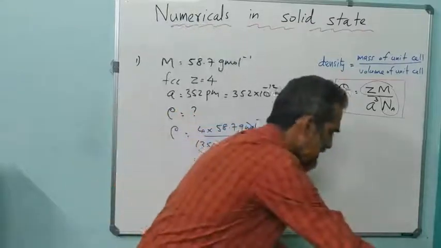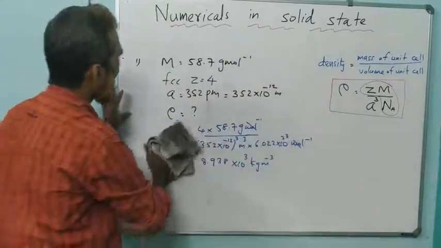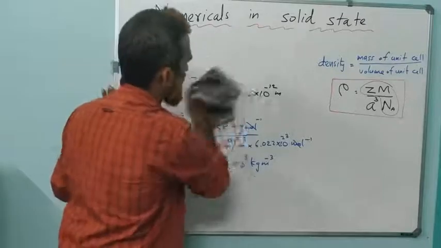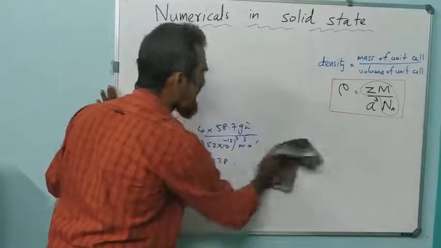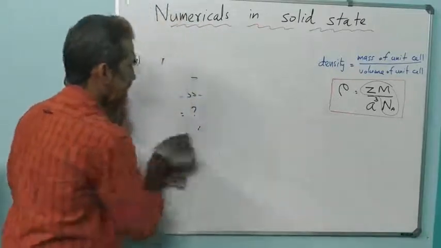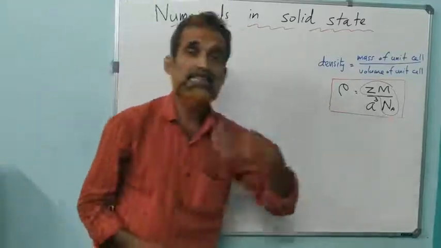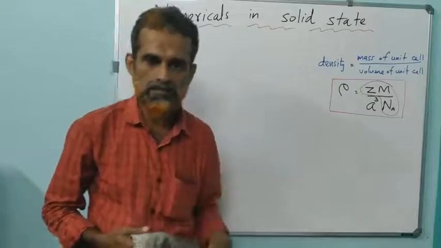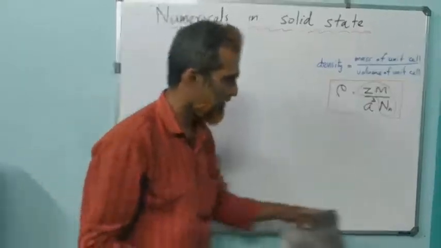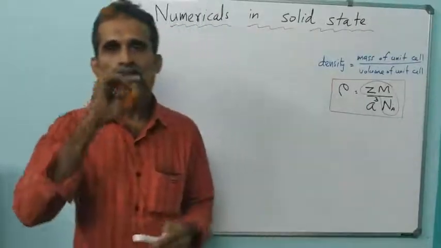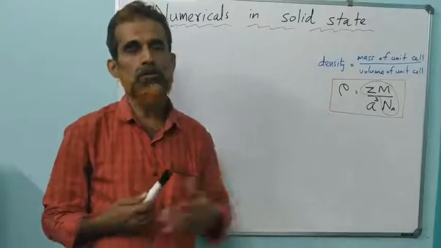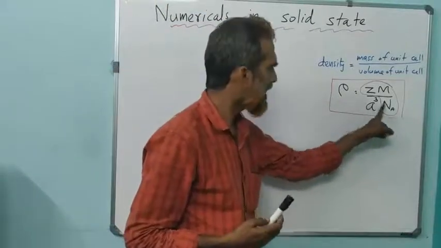Now going to the next one. One direct application of this equation is to calculate the density of a crystal, provided you know the edge length, where you get the edge length from X-ray diffraction techniques, right? Sometimes you may be given the interplanar distance d, from which you can get A, and this is a constant.